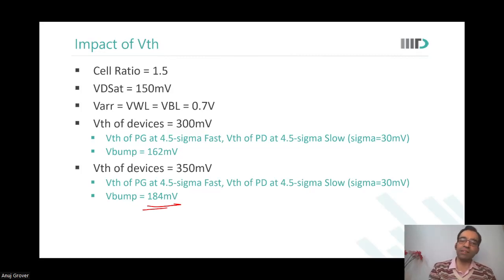So when we use a high VT device, we see bump increases further. So in this, I would be needing more assist schemes with high VT devices. With high VT devices, the effect of mismatch increases still further. The impact of mismatch is still higher.